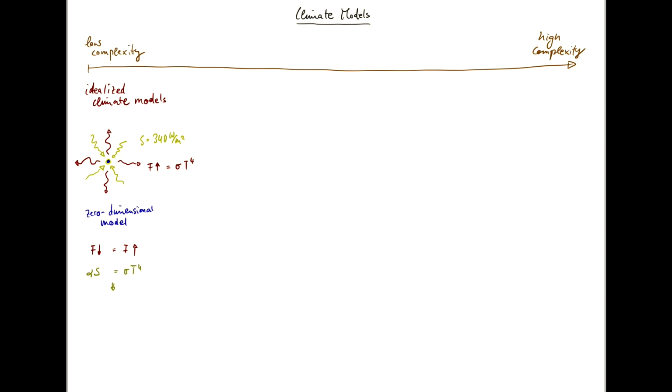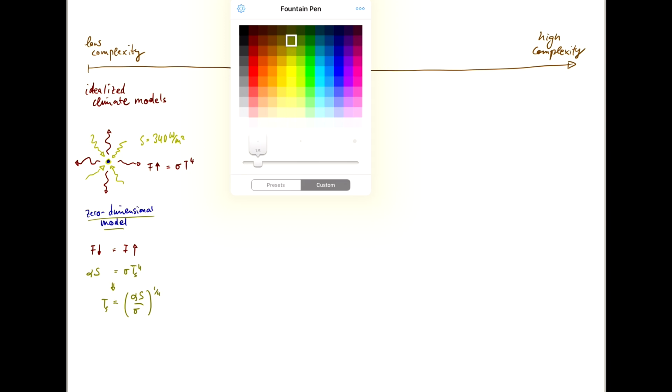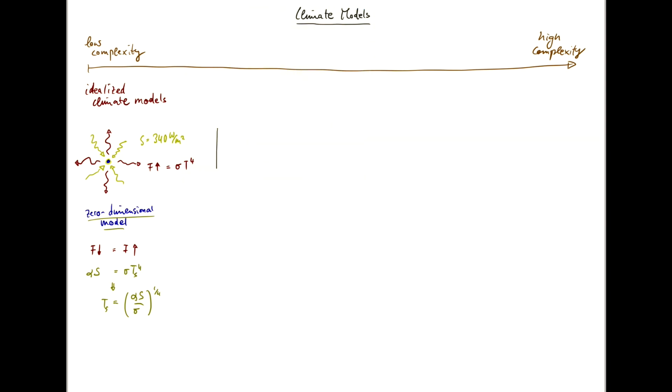And you can solve this for the surface temperature, Ts, as (alpha S over sigma) to the power of a quarter. This really is the most simplistic climate model that you can think of. It's a zero-dimensional model. So what would be the next stage on our complexity spectrum?